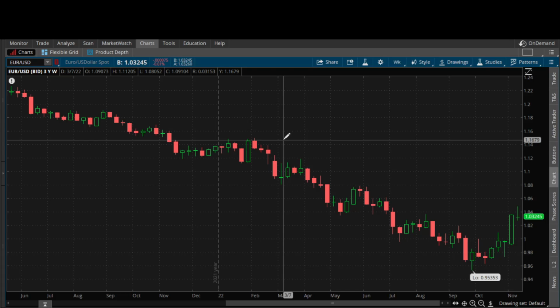So write that down, take note of it, remember it. Premium means expensive. Discount means cheap. So again, premium equals expensive. Discount equals cheap.